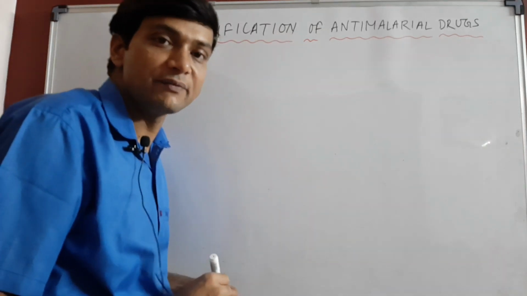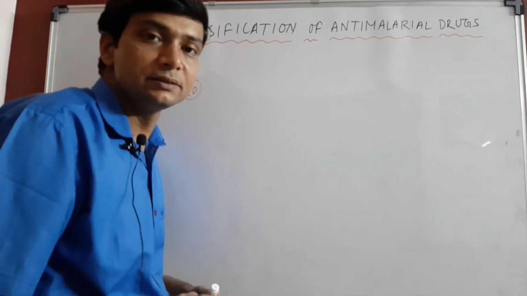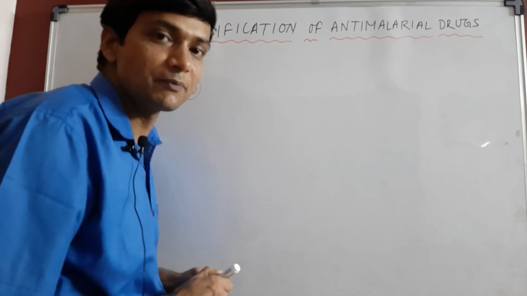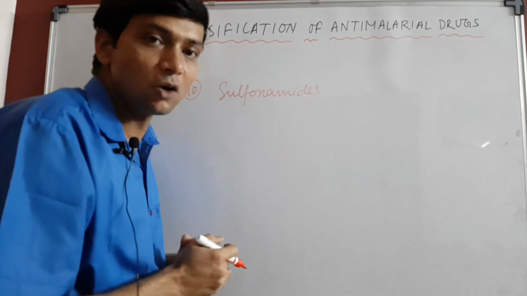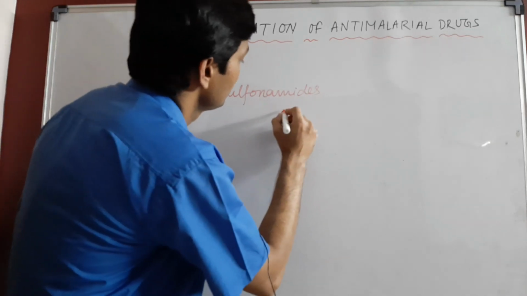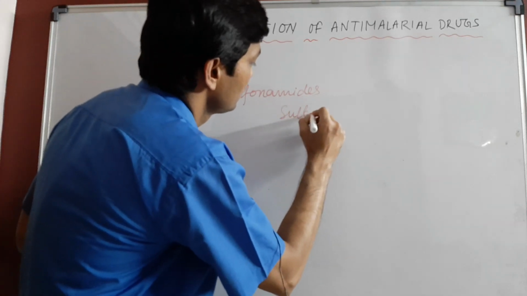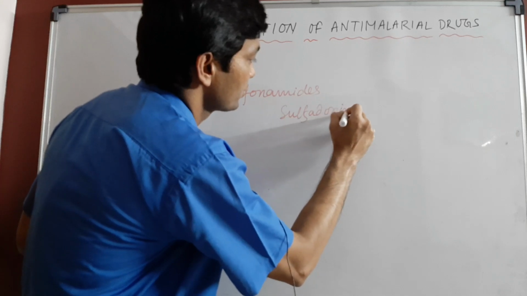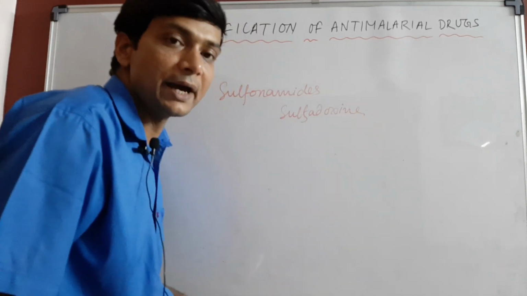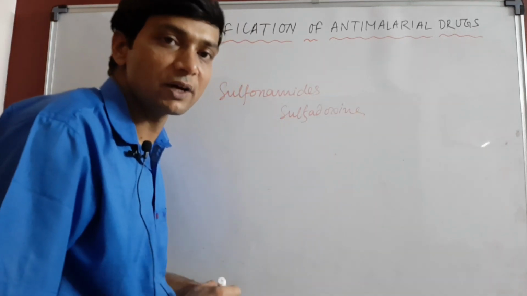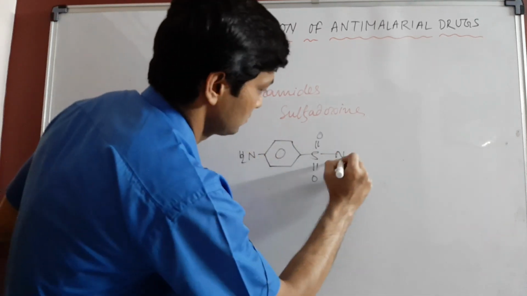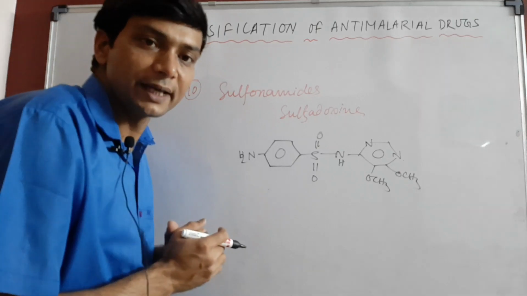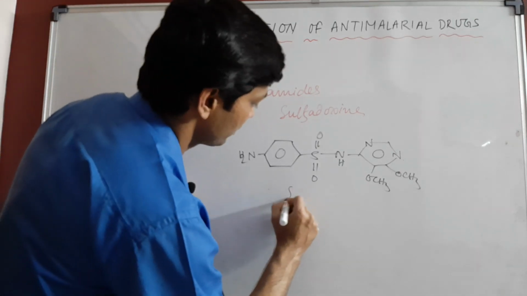The next class of antimalarial agents is the sulfonamides, and an example of this class includes sulfadoxine. This is the chemical structure of sulfadoxine.